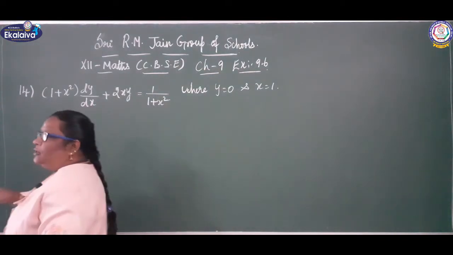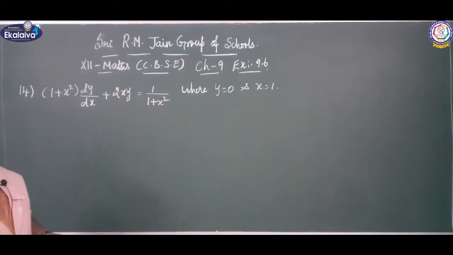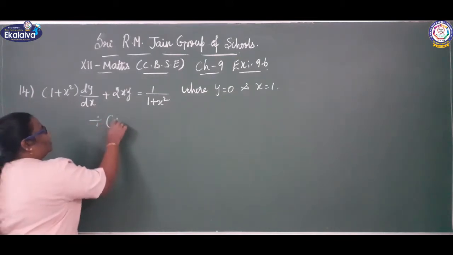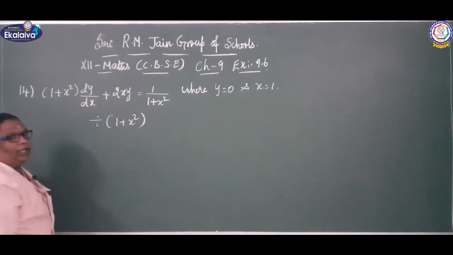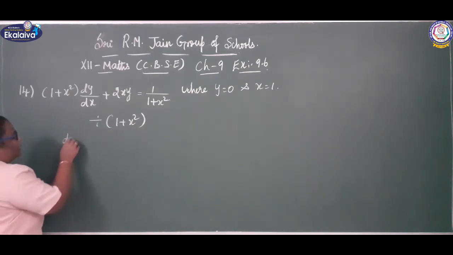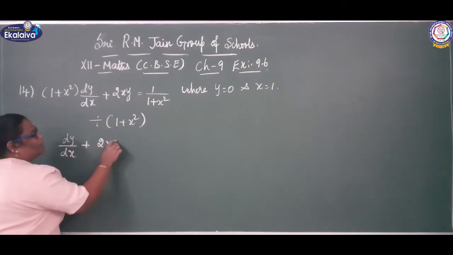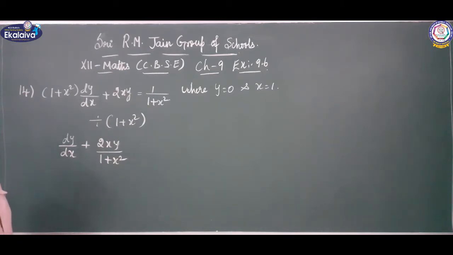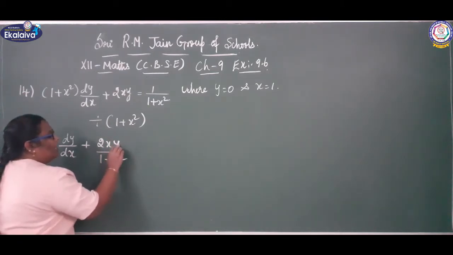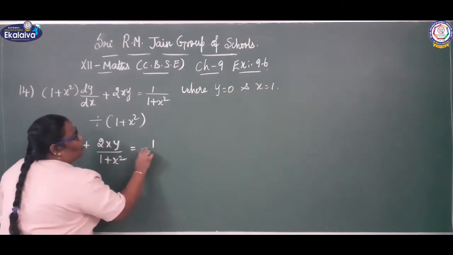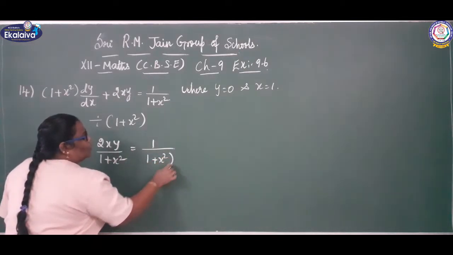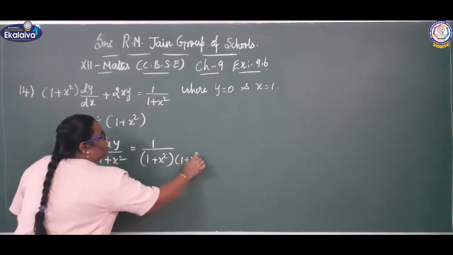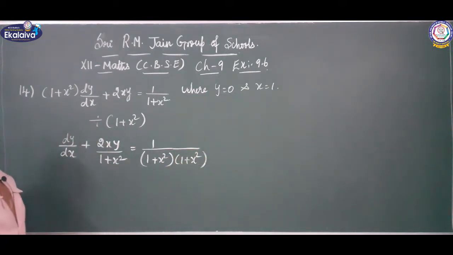So what is the coefficient of dy by dx here? 1 plus x square. So throughout you can divide by 1 plus x square. So dy by dx plus 2xy by 1 plus x square equal to 1 by 1 plus x square into 1 plus x square.